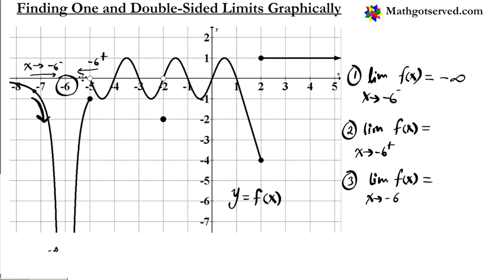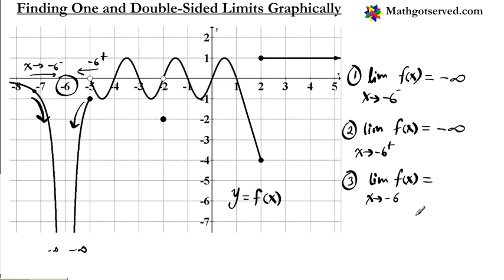As x gets closer and closer, your car is going down. Your y value is decreasing. How low are you going to go as you get infinitely close to -6 without reaching it? Since you have an asymptote here, you're going to keep going down forever, approaching negative infinity. So the right-hand limit here is also negative infinity.